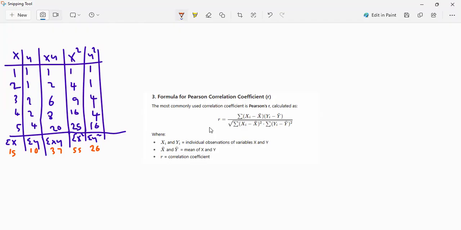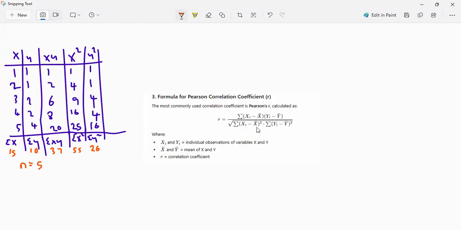Are we together so far? Yes. So our n is what? We count the number of pairs. 1, 2, 3, 4, 5. Our n is 5.